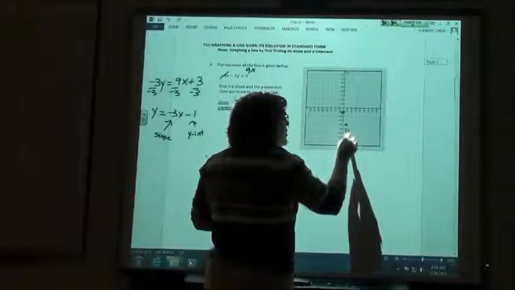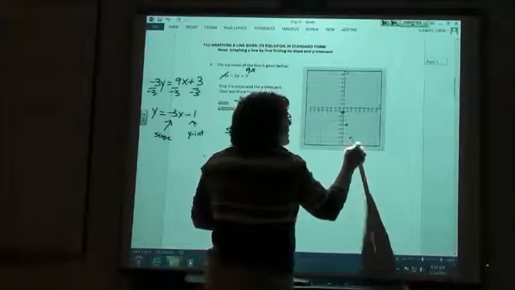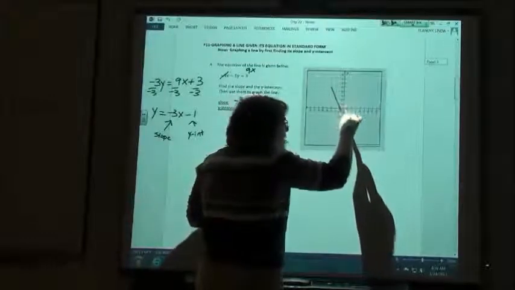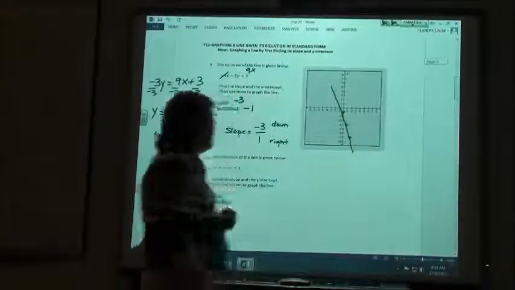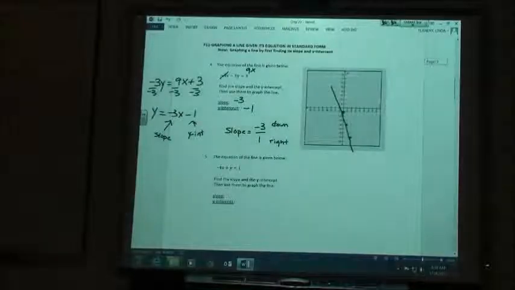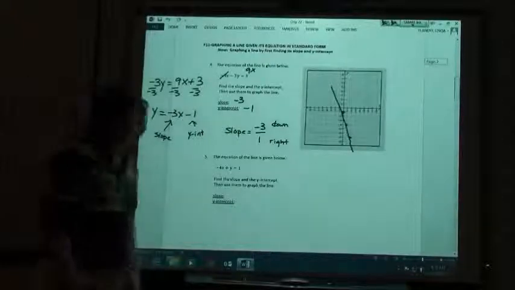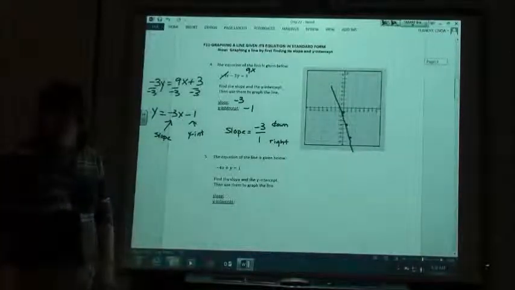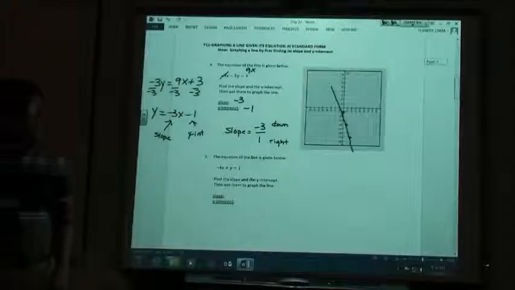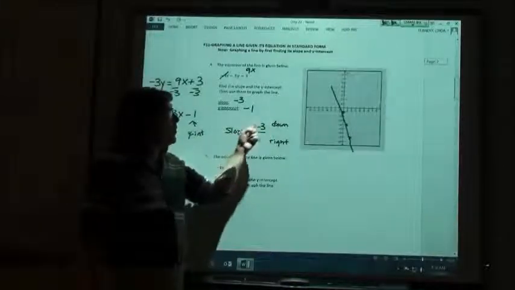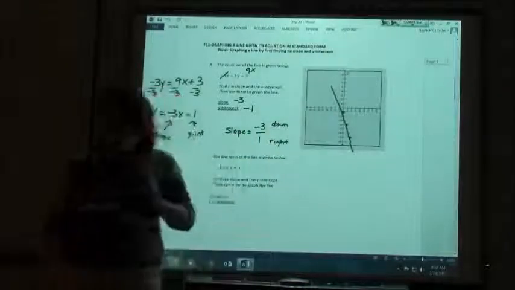If you wanted to, you could go down 3 again and over 1, so that you can connect your dots and draw your line. So that top number will tell you to go up or down, the bottom number you'll go to the right.